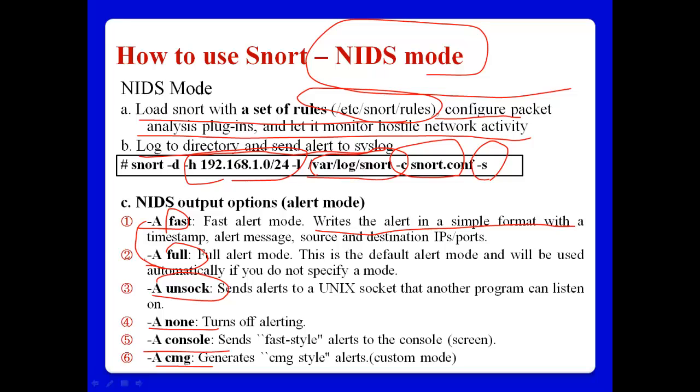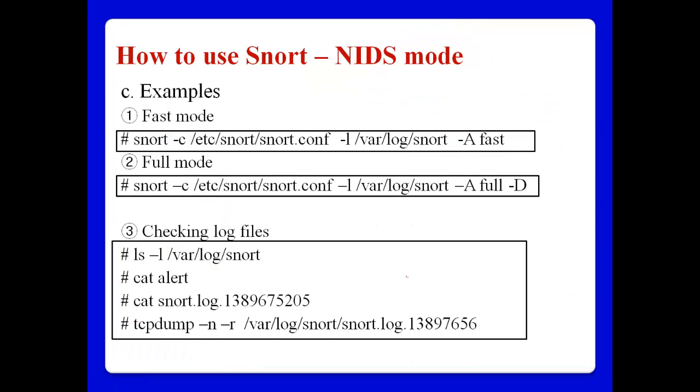In this simple format, we can find the timestamp, alert message, source and destination IP and port. Full mode is the default alert mode and will be used automatically if you don't specify a mode. Using full mode, we can see a more detailed message or log file compared to fast mode.